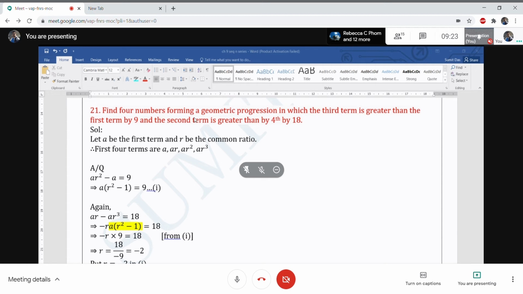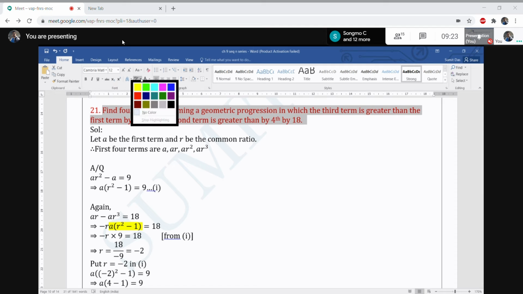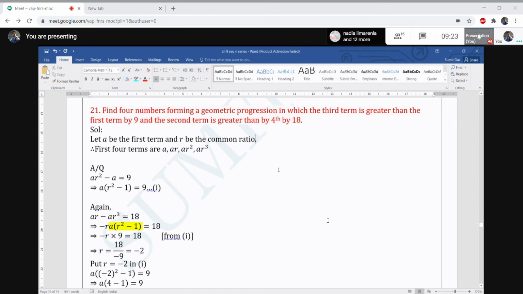So we are given one condition, that the third term is greater than the first term by 9, and the second term is greater than the fourth term by 18.